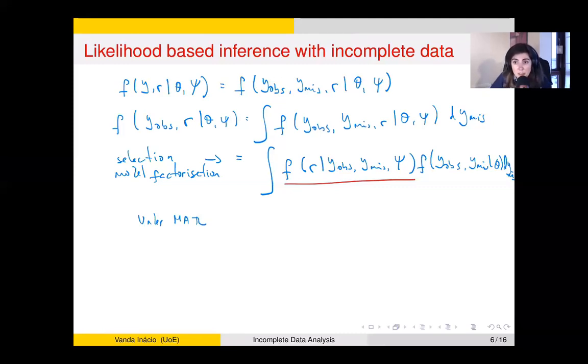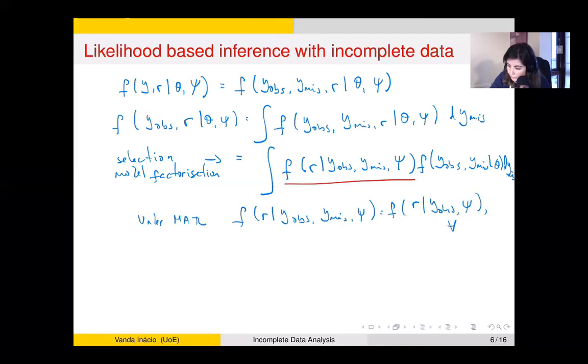Under missing completely at random, it simplifies even more, because it does not depend on anything. But let's think about missing at random, and then missing completely at random is just a particular case. So under missing at random, I know that the model for the missing data mechanism does not depend on the missing values, only on psi and on the observed values, correct? We have seen this for all missing values and parameters. And if I come here and replace in my expression, what do I obtain?